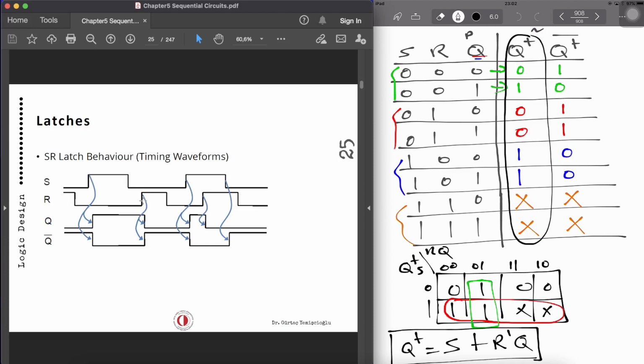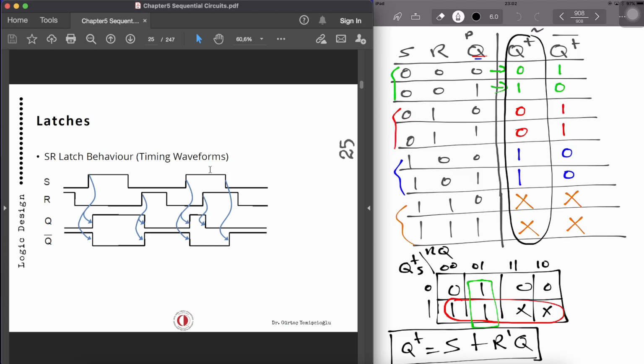Then reset is 1. So when reset is 1, that means we are forcing output to be 0 as S is 0. And this goes up until here. And when both are 0, we are holding the previous output. Then set goes up again. Reset is 0. That means we need to set the output to be 1 over here as well.